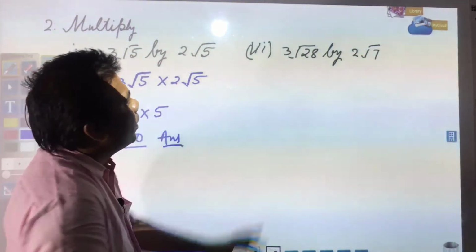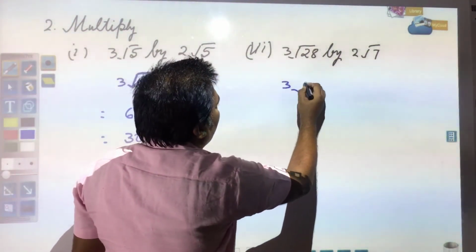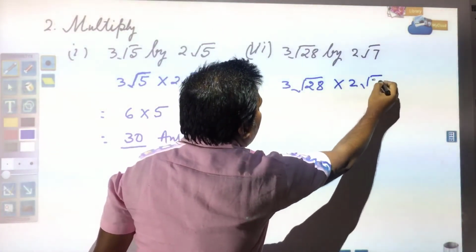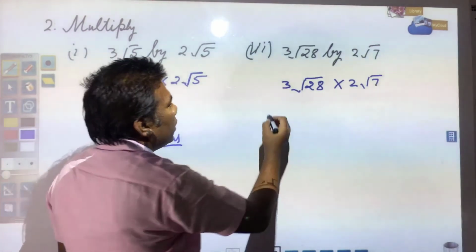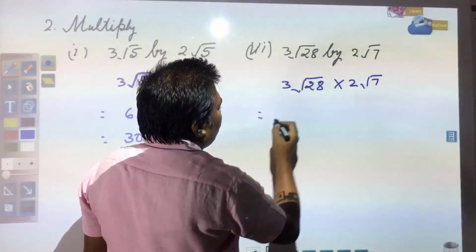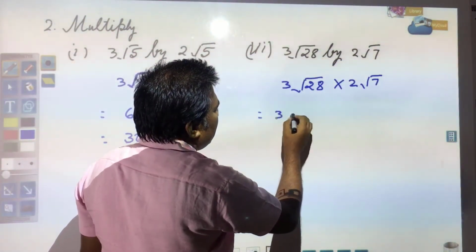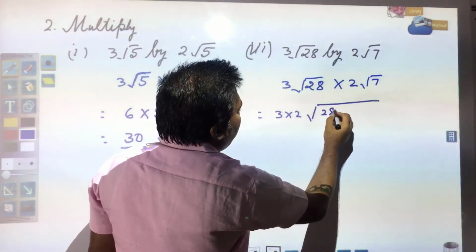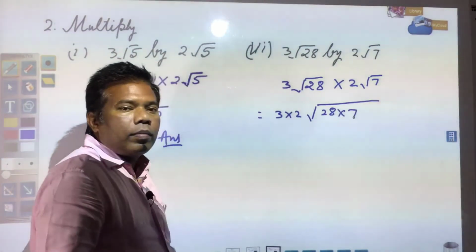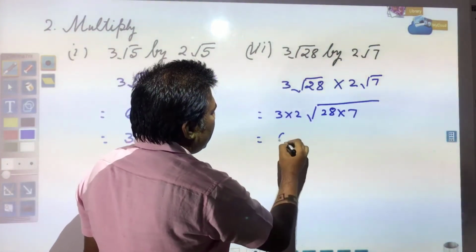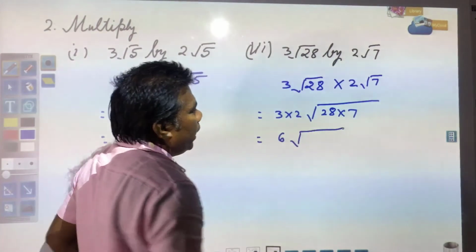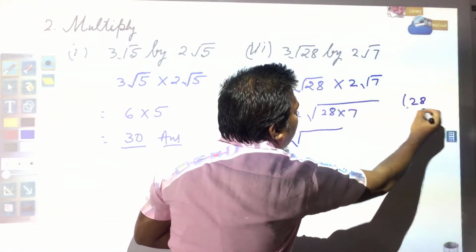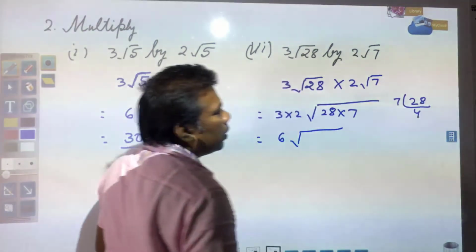Here you see 3 root under 28 into 2 root under 7. Again 3 into 2, 6, and root under 28 into 7. Root under 28 you factorize, what you will get? 7 into 4 is 28.